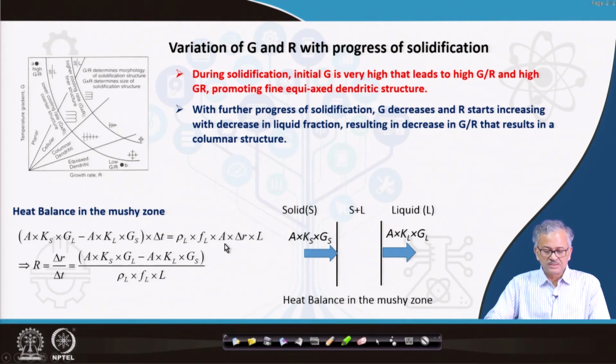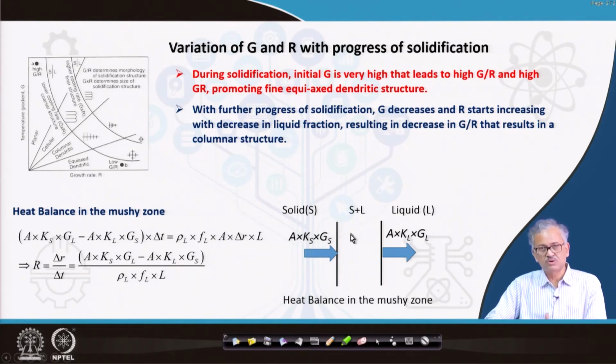A into delta R is basically the volume, delta R is the thickness that is getting solidified, into A, that is the volume getting solidified, into rho, basically the mass getting solidified. Or you can say this is the volume that is getting solidified, into FL. FL is the liquid volume divided by the total volume. So basically FL A into delta R is the liquid volume that is getting solidified.